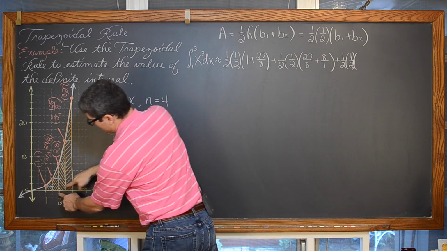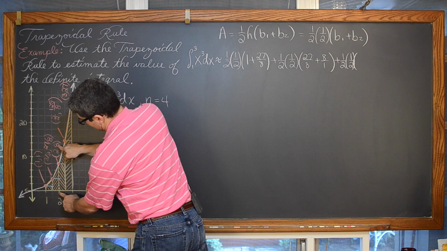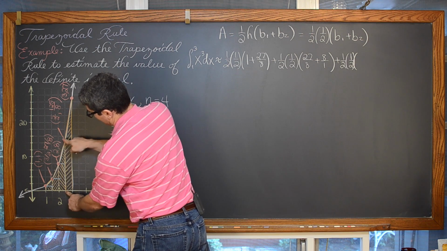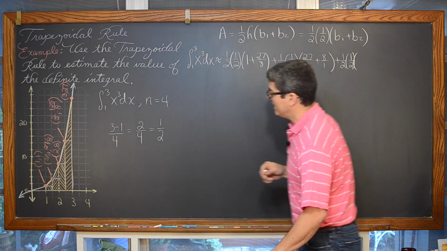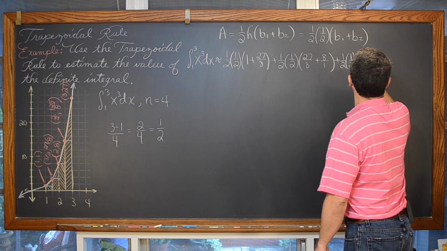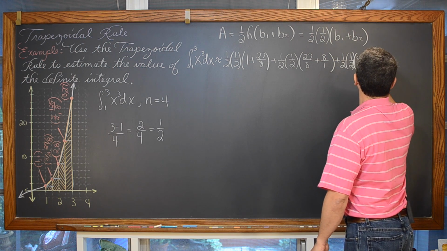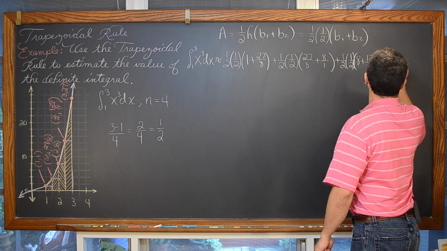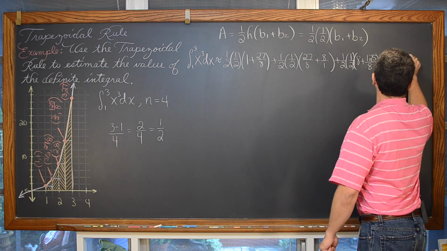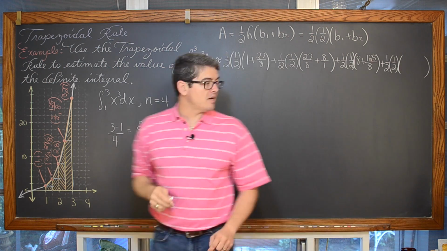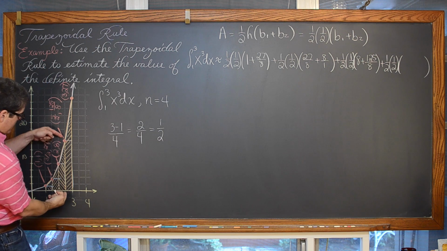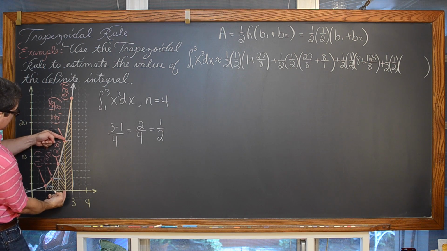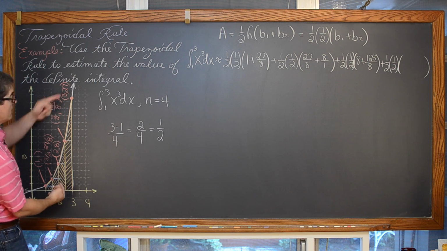Our next trapezoid has a base of 8 and another parallel base of 125/8. And then finally our fourth trapezoid has again a height of 1/2 and bases of 125/8 and 27.